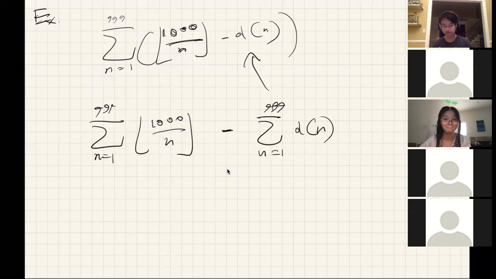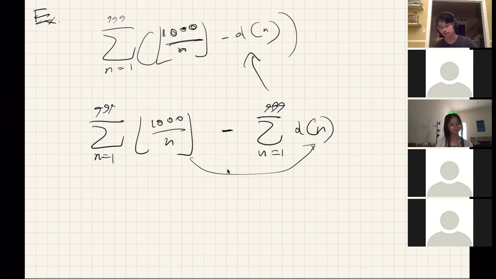As I've told you before, the floor function is absolutely horrible. You want to get rid of the floor function as quickly as you can. The goal is to relate this to the divisor function. But how?